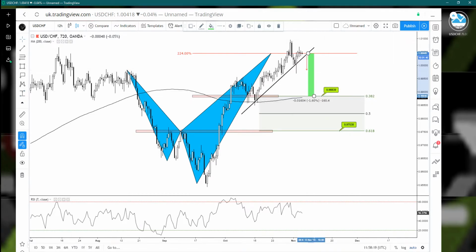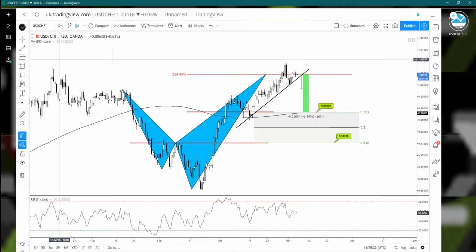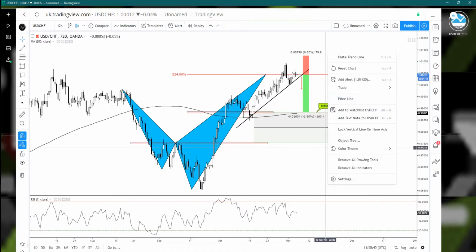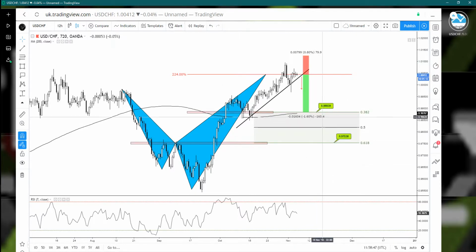160 points below, you can try a 1-2 risk reward approach. Okay, we can try, let's say, a 1-2 risk reward approach, 80 points as a stop loss, and 160 points as potential reward.